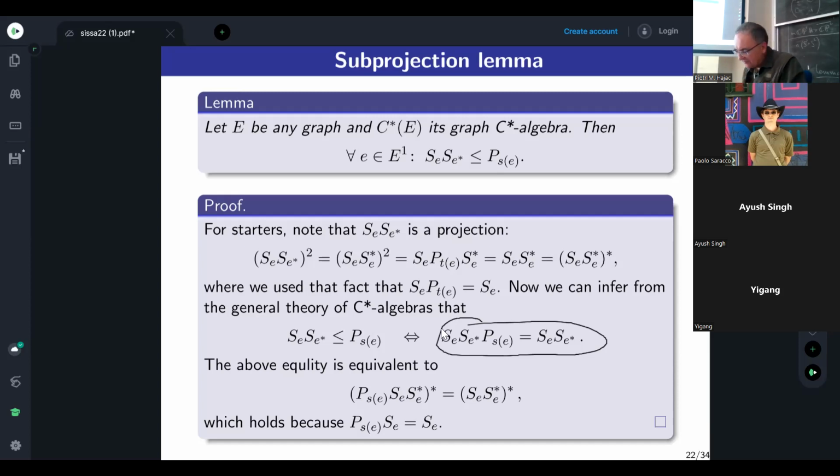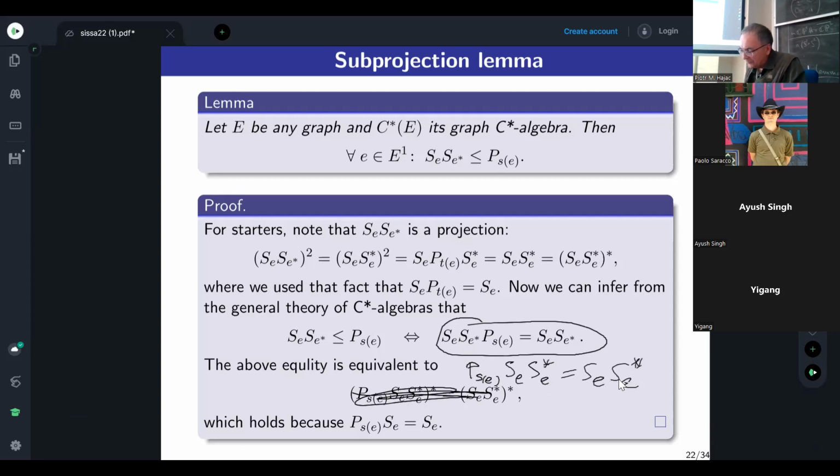And if I star it, let me just write it anew. If I star it, I will simply get a P_{s(e)} self-adjoint. So I have P_{s(e)}. Then I have (S_e S_e^*)^*, so this is S_e S_e^*. Okay. And then I have S_e S_e^*, and that's self-adjoint. So this is S_e S_e^*.